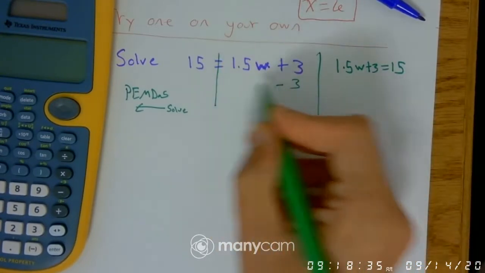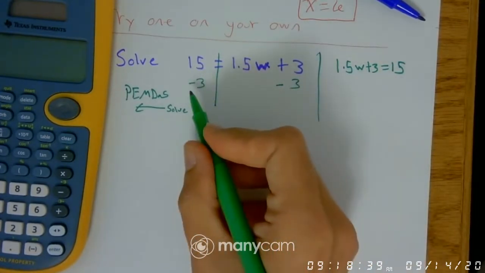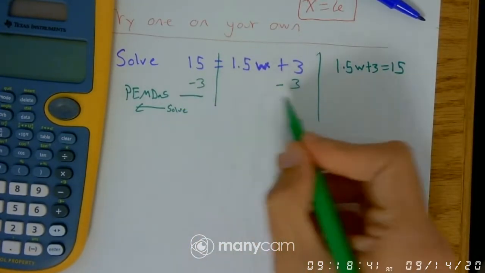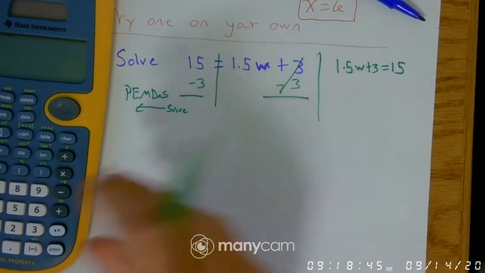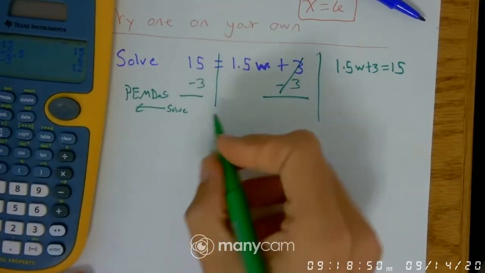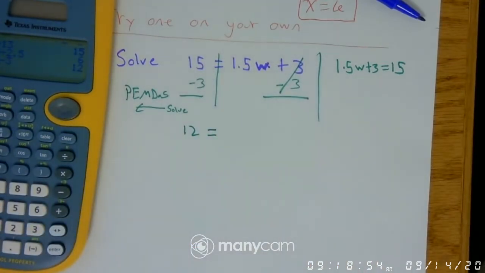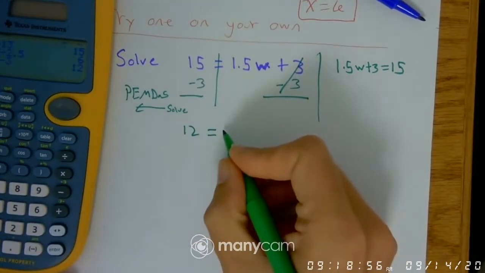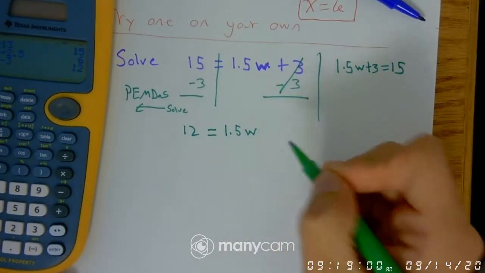I have two sides of my equation, and I'm going to make sure that I do the same thing on each side. So when I do that, 15 minus 3, I am going to have 12. So I'm going to have 12 equals 1.5 W, right? Because the 3's go to 0.